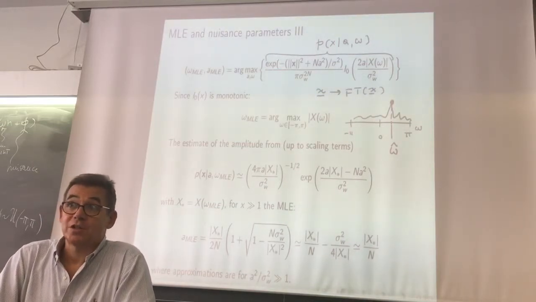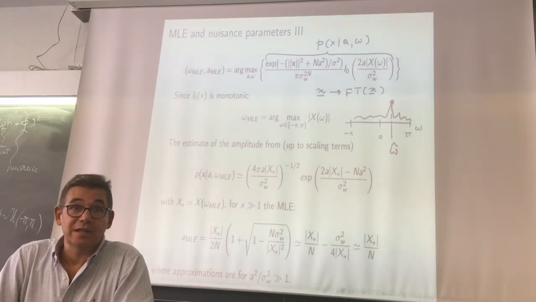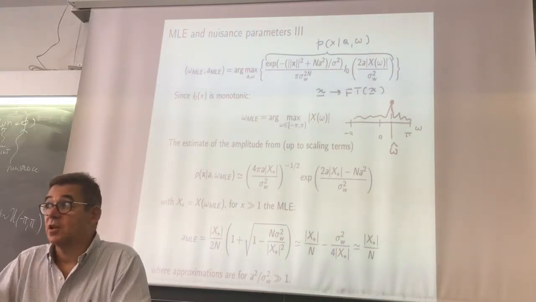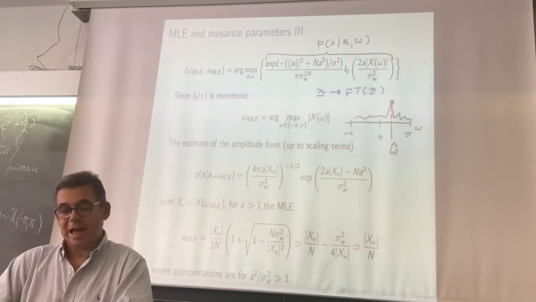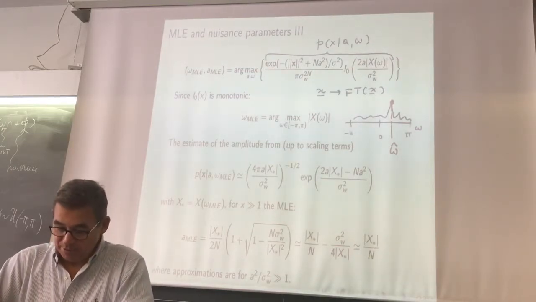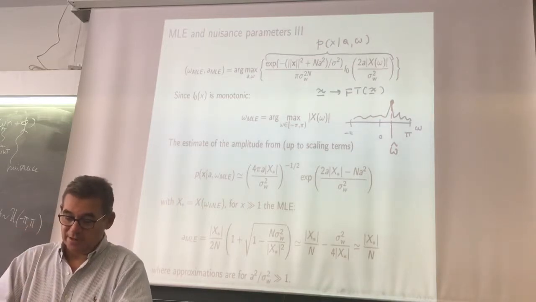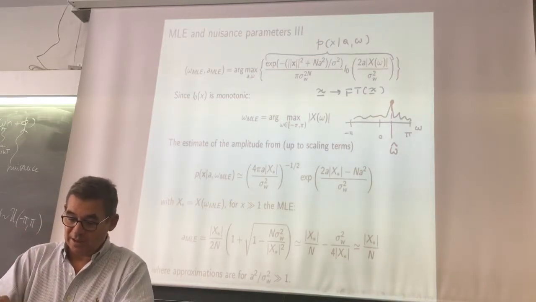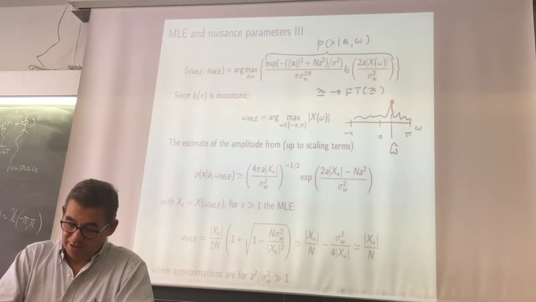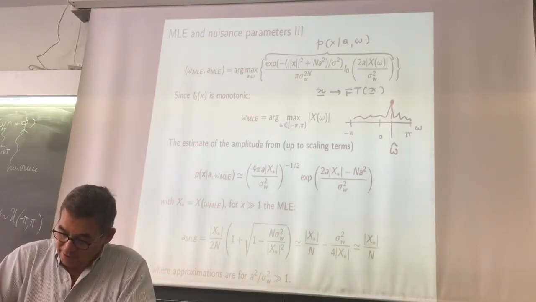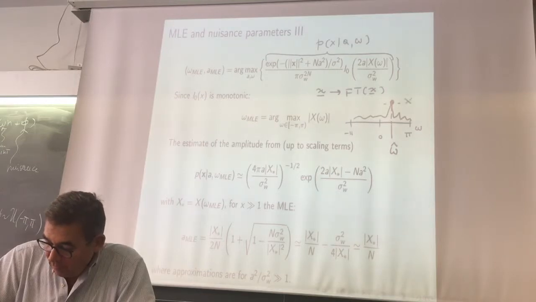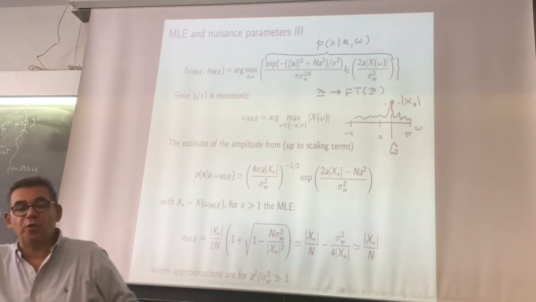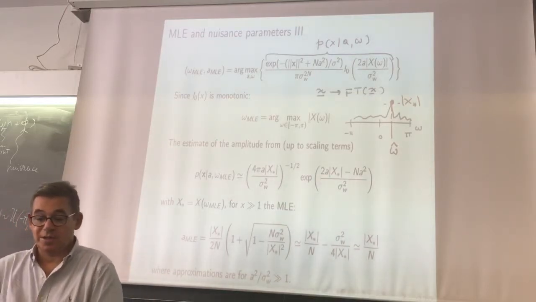But we are strong because we can say that the phase contribution is being neglected. Now, if you want to get the amplitude, well, the amplitude is a little bit more complicated. We need to take the value of the Fourier transform at the maximum, which I call x star.